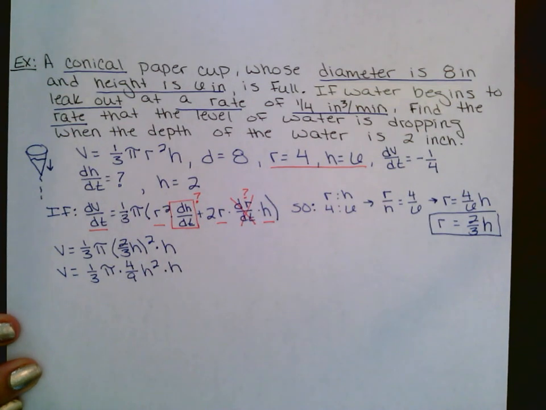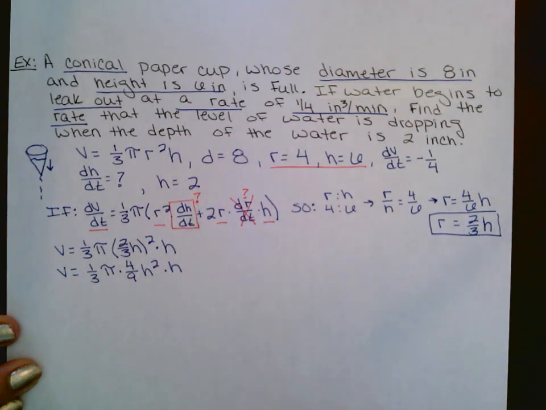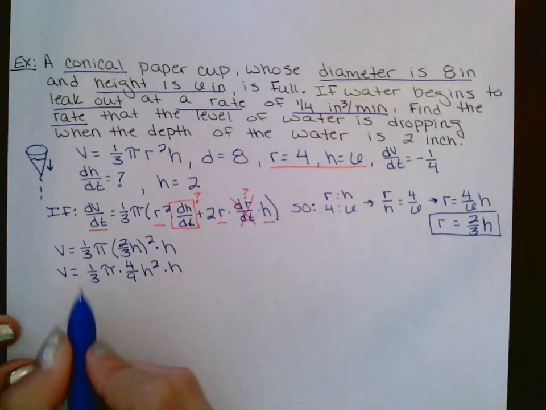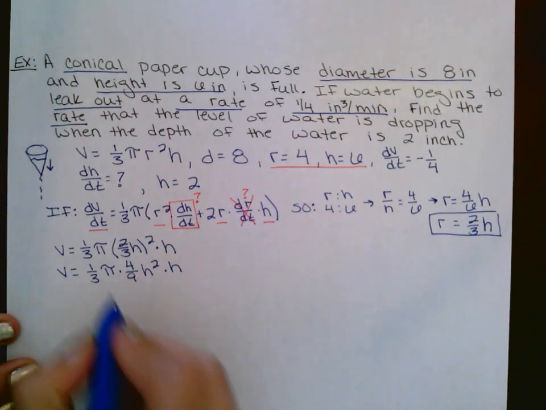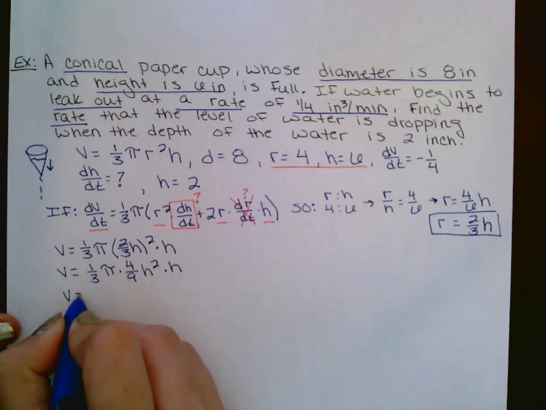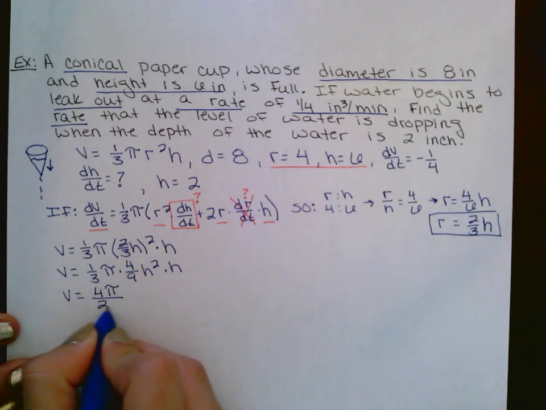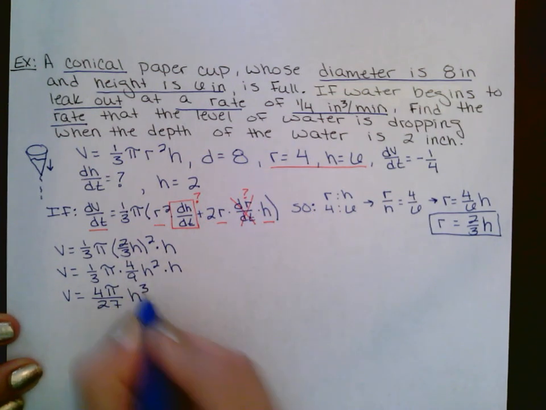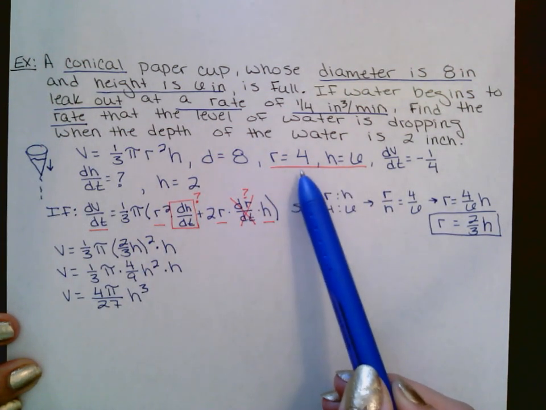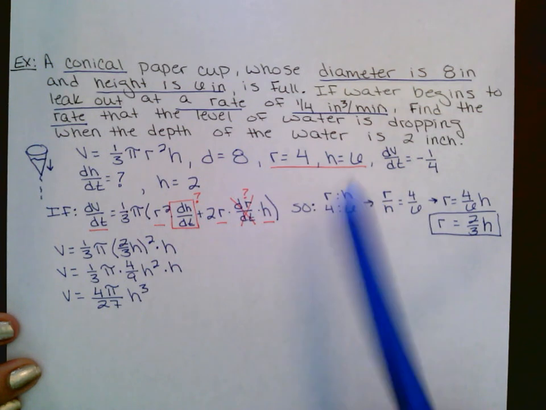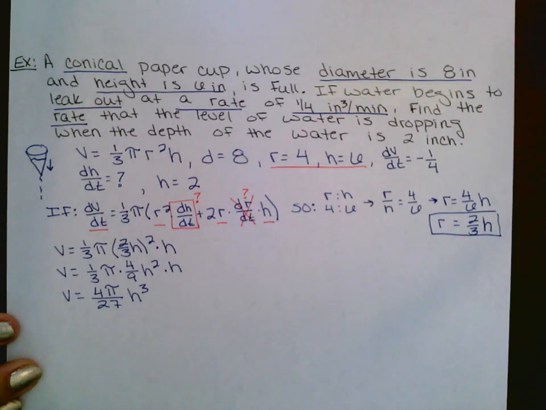This is all happening before the derivative. If I finish cleaning this, volume equals 4 pi over 3 times 9, which is 27, h to the third. According to this specific cone, whose ratio was 4 to 6 radius and height, I rewrote my volume equation in terms of just height.